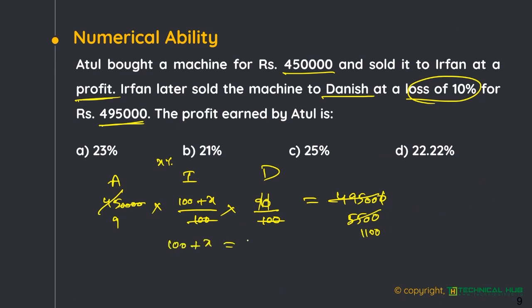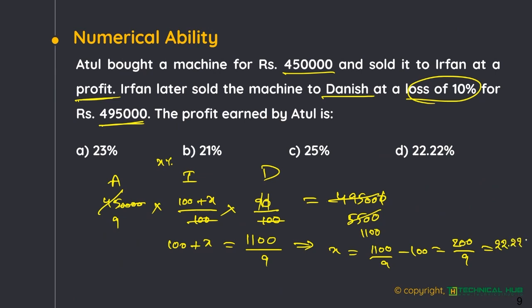And from this, x is equal to 1100 by 9 minus 100, which is equal to 1100 minus 900, that is 200 by 9. That value is 22.22%. This is the profit percentage.